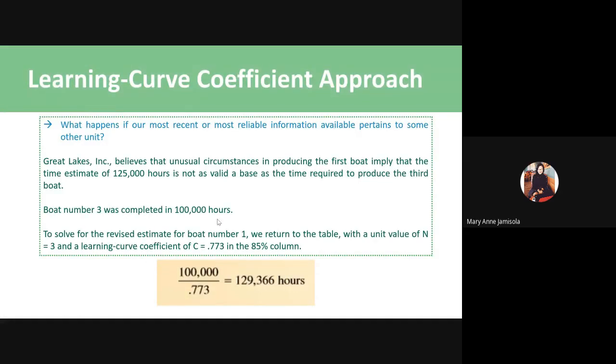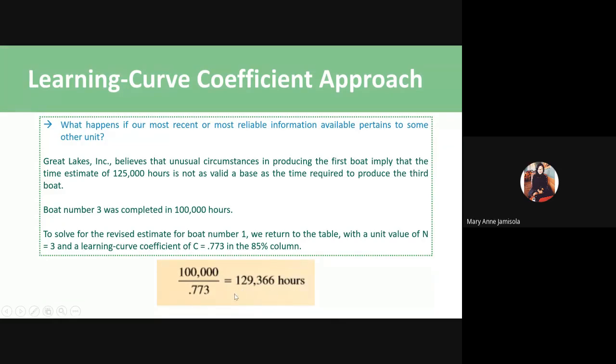Since it is 100,000 hours for boat number 3, that's 100,000 divided by 0.773, the coefficient that we looked for in the table of coefficients. So 100,000 divided by 0.773 will give us 129,366 hours.